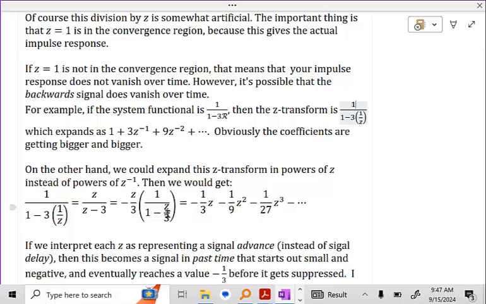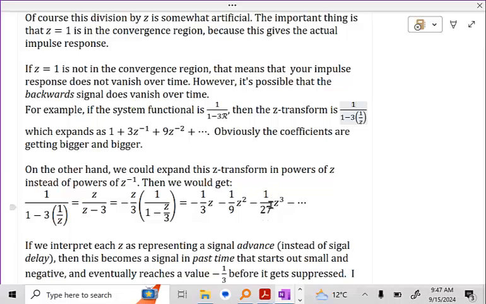You can recognize this as the infinite geometric series: 1 plus z over 3 plus (z over 3) squared plus (z over 3) cubed, and so on. So I can expand what is inside this parenthesis as a geometric series, then multiply it by minus z over 3, and I get this series out. Here we have powers of z multiplying exponentially decreasing coefficients.